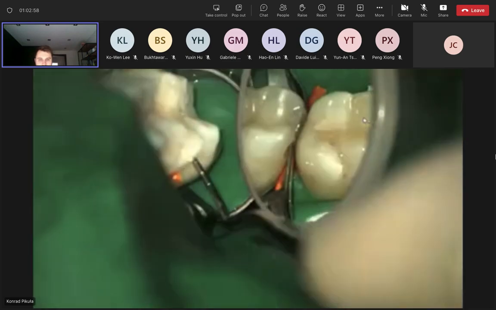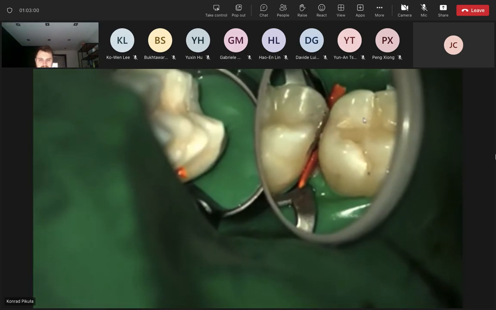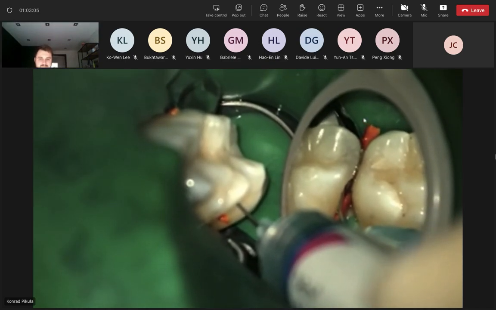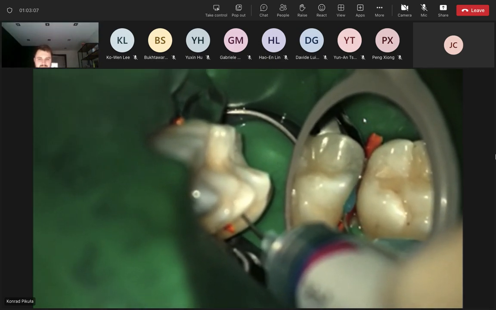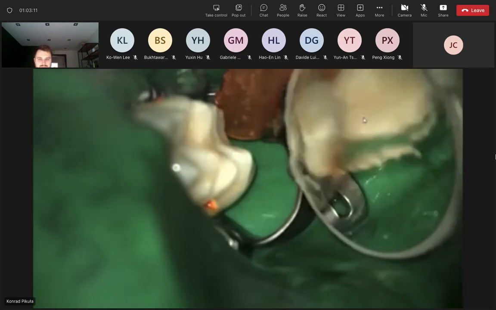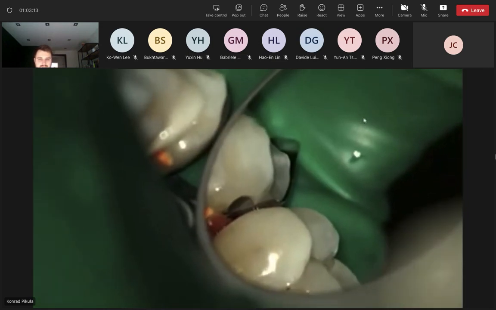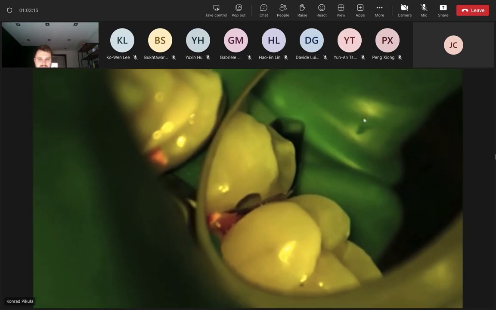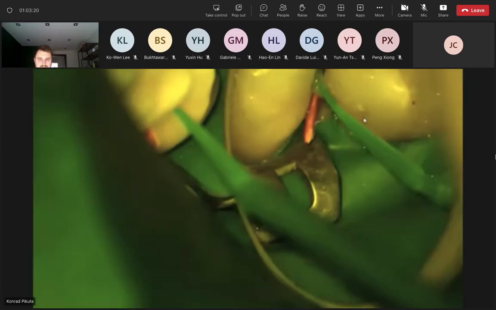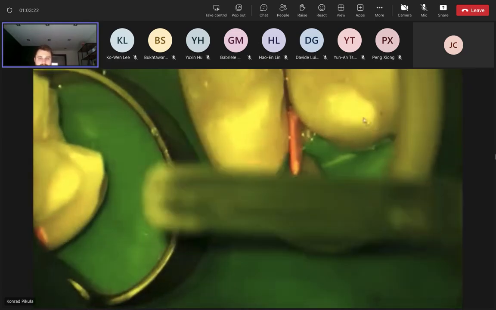Once again we place the matrix. We place the wooden wedge. We etch the cavity. Then bonding of the cavity.